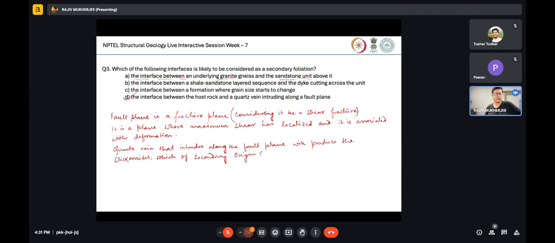Can you say what is option B? Sorry, option C, the interface between a formation where the grain size starts to change.